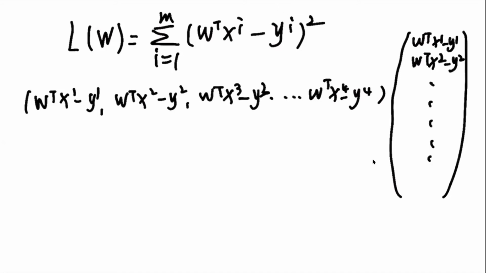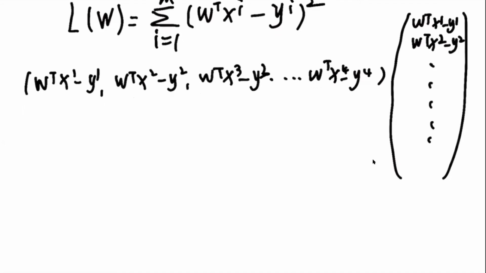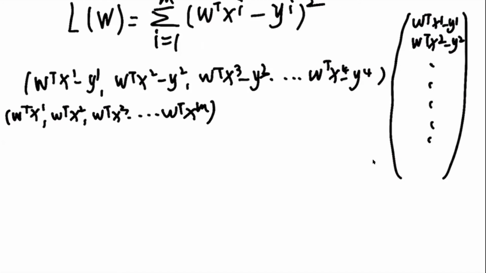Let's focus on the first, the row vector. I will write it in another form: W transpose X1, W transpose X2, W transpose X3, up to W transpose XM. This is a row vector, right?